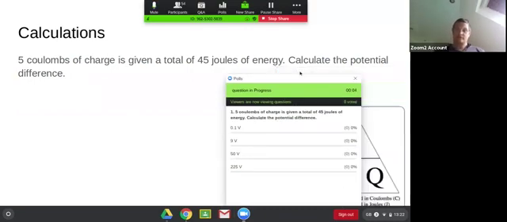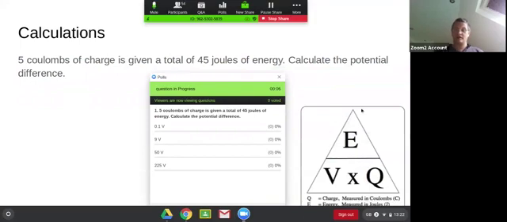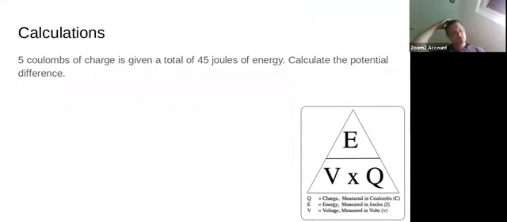I'll move this so you can see. Here's the triangle you need to use. It's asking you to calculate the potential difference. None of those start with P. Trickier.